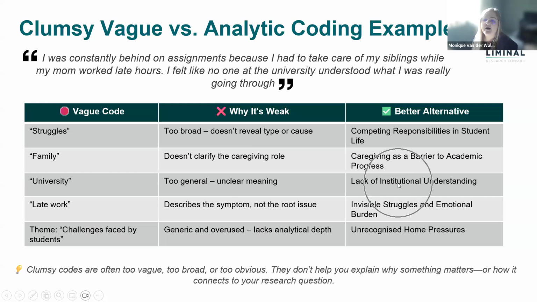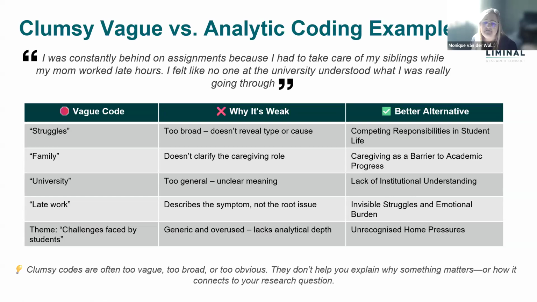So to ensure that you have better coding, clarify, be direct, and outline the specifics of that issue. And for example, we could have combined all of these perspectives or codes into the theme challenges. And again, this is a bit too broad for me.